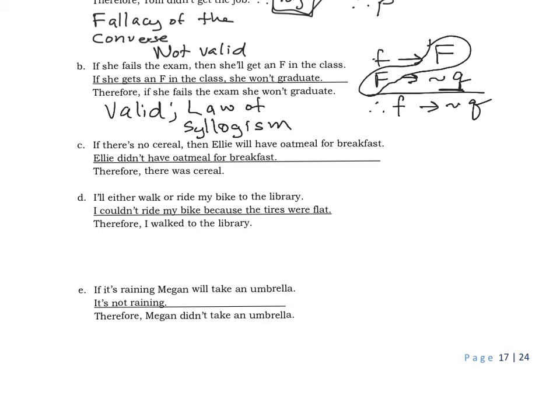Now, if there is no cereal, we'll say the negation of C, then Ellie will have oatmeal for breakfast, O. Ellie didn't have oatmeal for breakfast, so that's a negation of O. Therefore, there was cereal, so we say C. It looks like we have the opposite of what happened here, and we end up with the opposite of what followed our if statement. So that to me looks like it's going to be valid because of the law of contraposition.